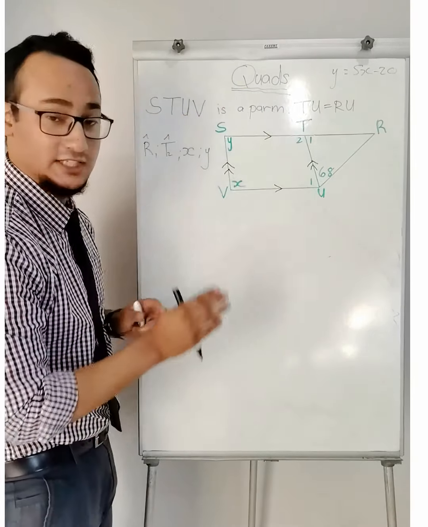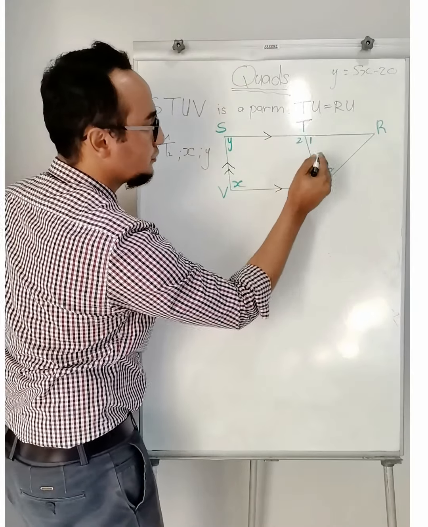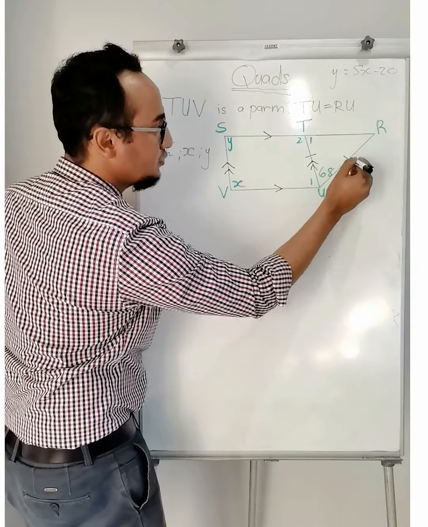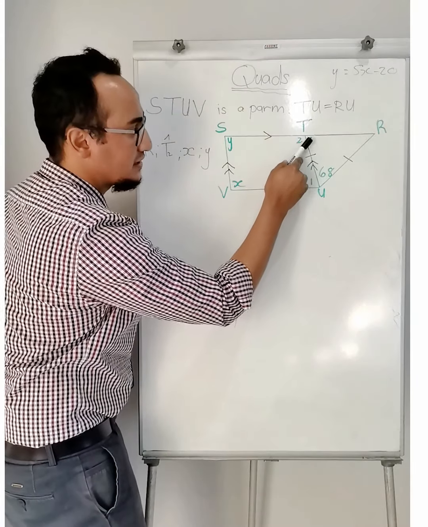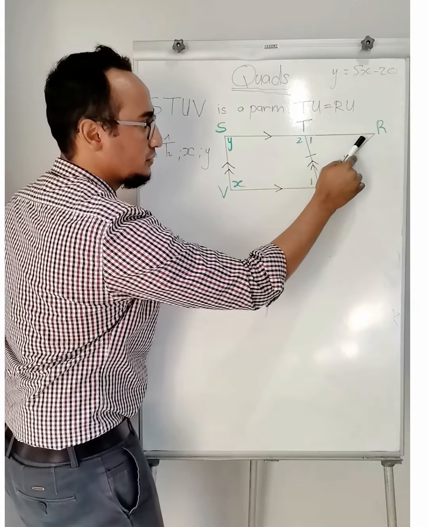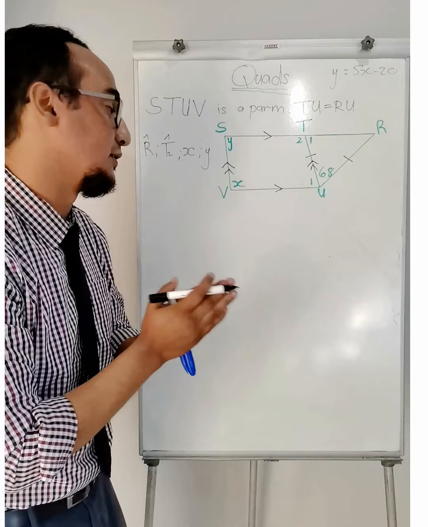Let's keep that information for later. And the next part is that TU is equal to RU. Because the two sides are equal to one another, immediately I can see that this is an isosceles triangle where T1 will be equal to R, and somewhere along the line that will play a role in my answer.